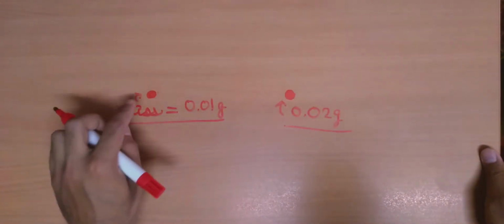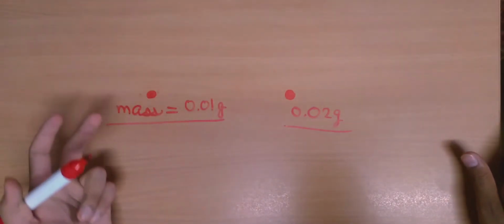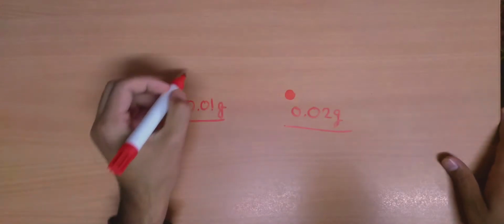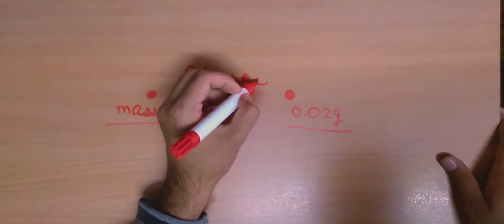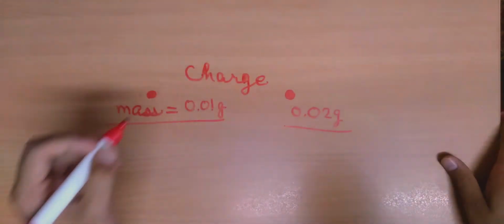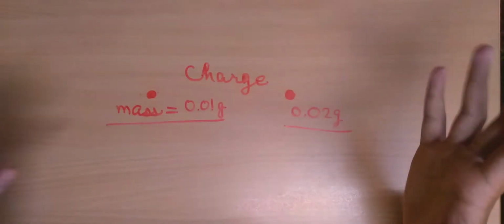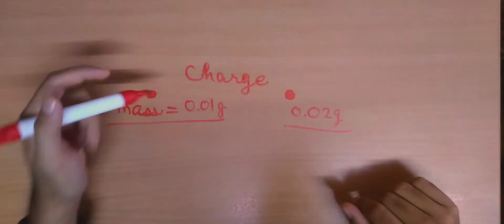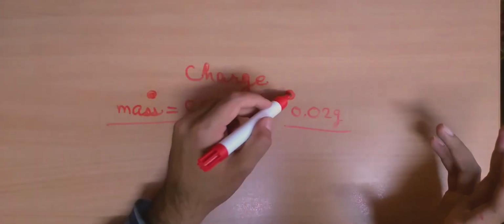Now similarly, we have another property of particles just like mass, which is called charge. Now what is charge, what is its physical significance? We'll understand that slowly in the coming videos, but for now just imagine it just like another property. Now this particle can have some charge, and this particle can have some other charge.